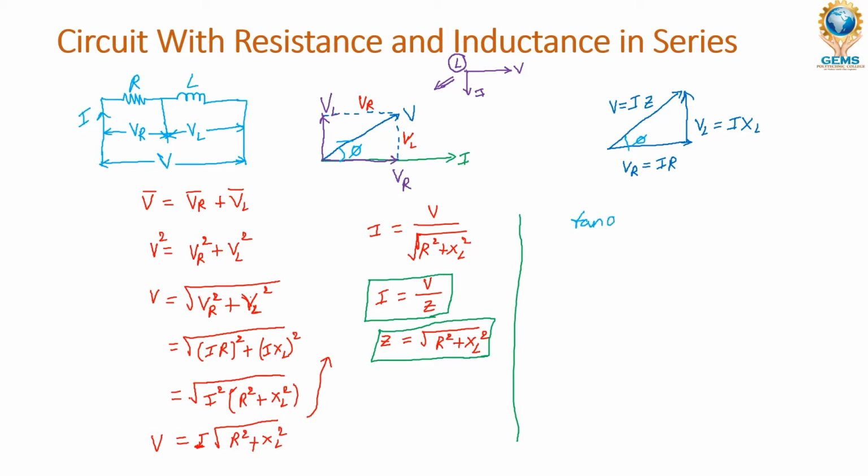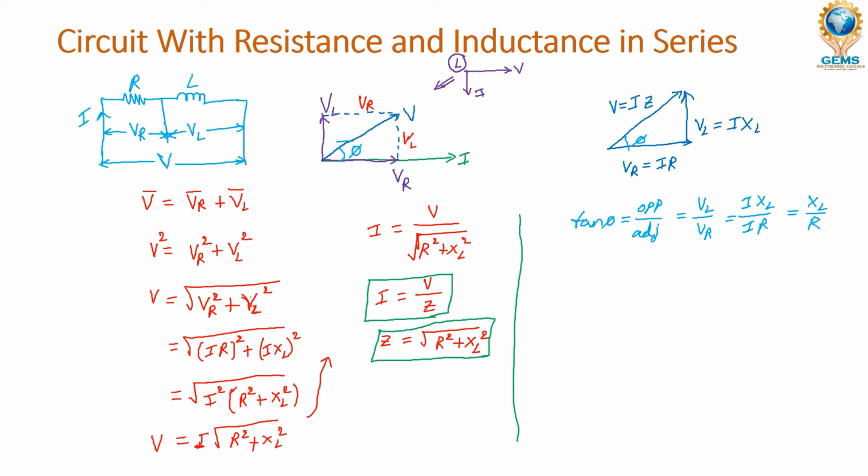What is tan phi? Tan phi equals opposite by adjacent. Opposite we have VL, adjacent we have VR. VL equals I into XL, VR equals I into R. I and I will get cancelled, so tan phi equals XL by R.